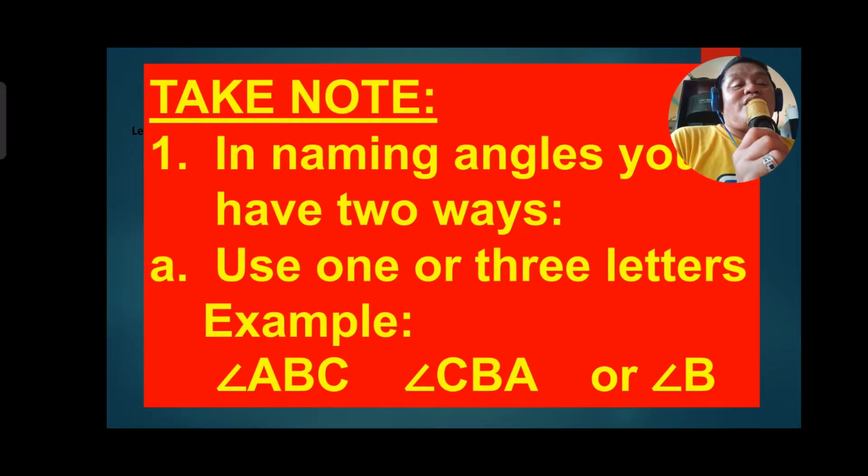So angle ABC can be renamed angle CBA, and that would be angle B. That is how to rename angles in the given triangle.